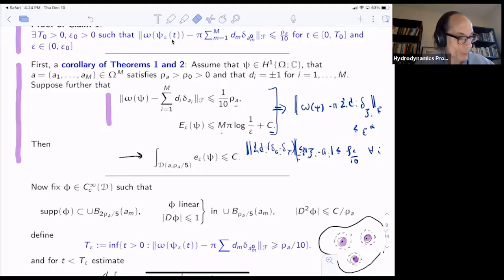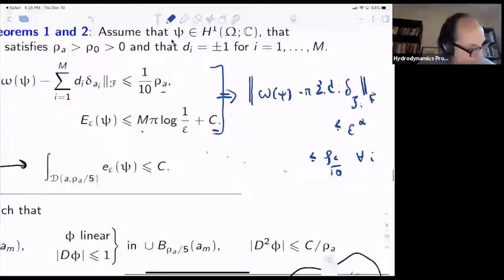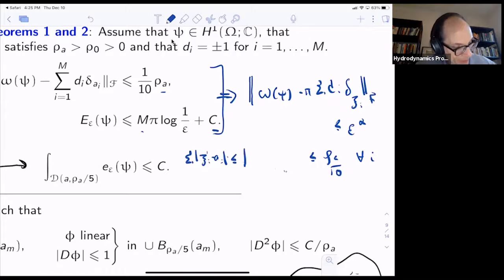So what I want is, okay. What I wanted to say is that this sum of Ci minus Ai is bounded by the distance in the flat norm of this di times the delta Ci minus delta Ai.